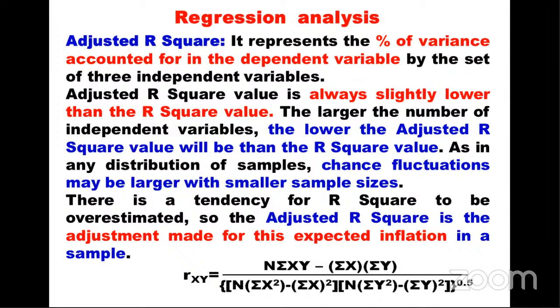That is accounted for by adjusted R square. So adjusted R square is the adjustment made for the expected inflation in the sample. How much inflation will be there, that fluctuation can be decided by the adjusted R square.